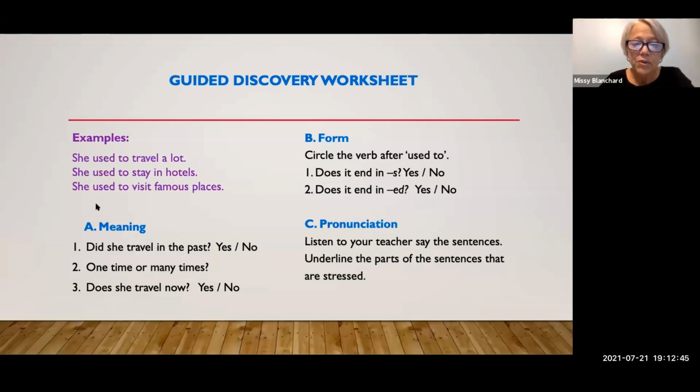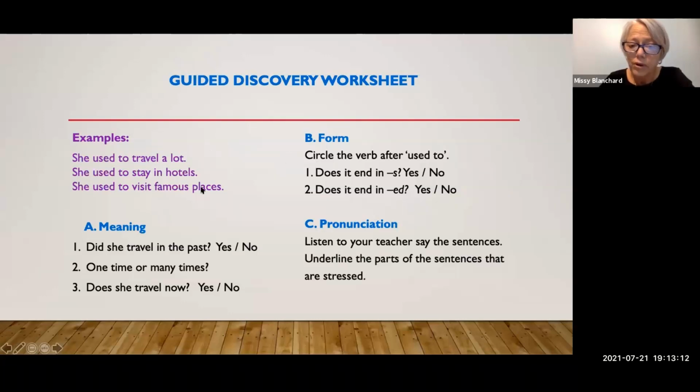And a really well-designed guided discovery task is going to make sure that the questions or the tasks can all be answered by looking at the 3 examples here, what we sometimes call marker sentences. So we would know from the context the answer to number 1, that she did travel in the past many times, but now she does not.